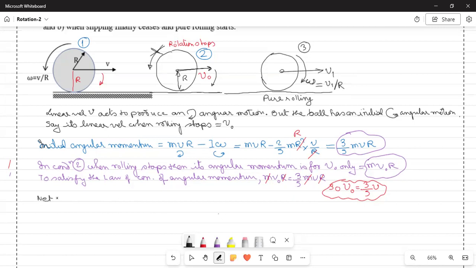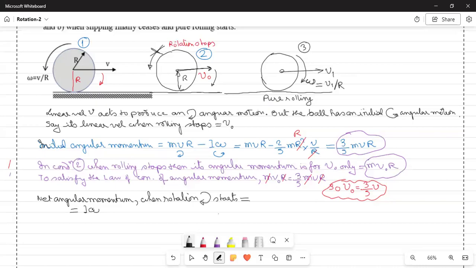The net angular momentum when the rotation is now clockwise, when the rotation starts, is equal to I omega.